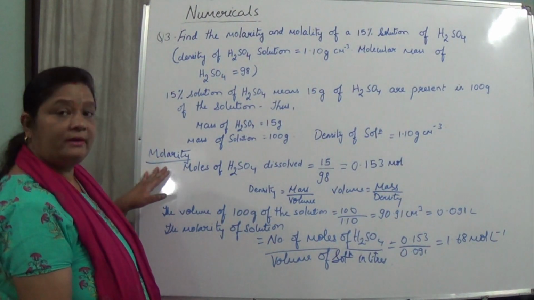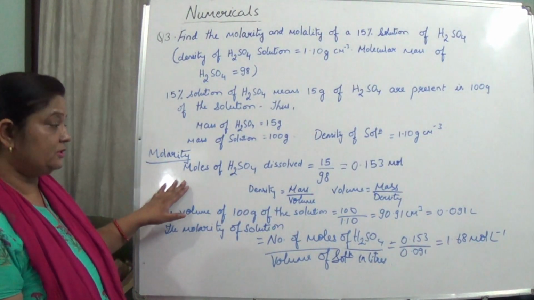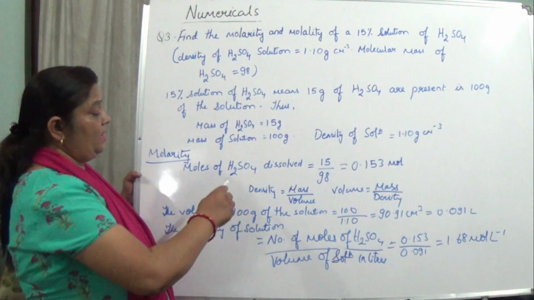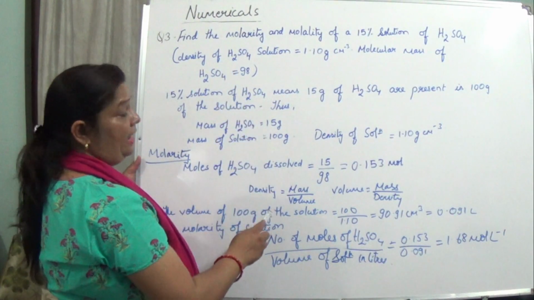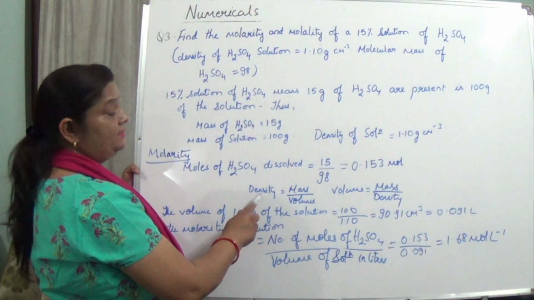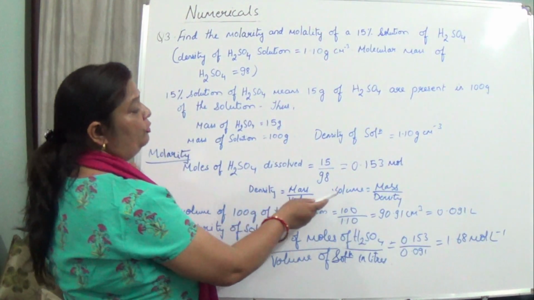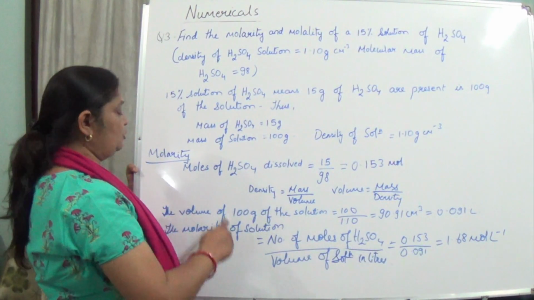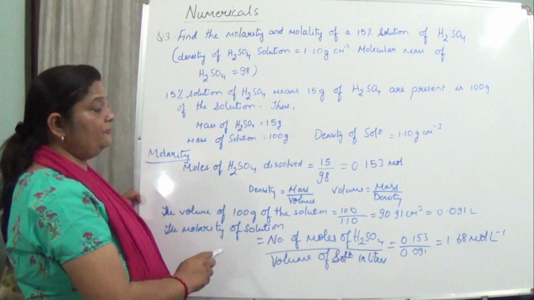So why have we calculated moles first? Because we are going to calculate molarity. Formula of molarity is number of moles of the solute upon volume of solution in liters. Because density is given, we have to do something with density also. Density is mass upon volume, so volume is equal to mass upon density. Now we take out the volume of 100 grams of solution.